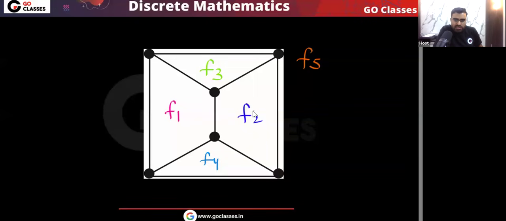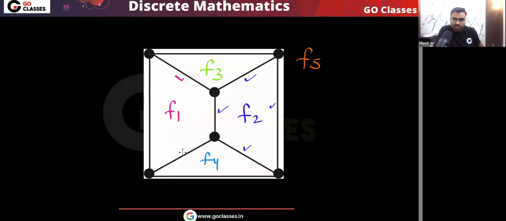See, this F2 is touching how many sides of the edges? You can see this side of the edge, this side of the edge. How many sides of the edges? You can see 4 sides of the edges. So the degree of F2 will be 4. What about the degree of F1? How many sides of the edges is it touching?